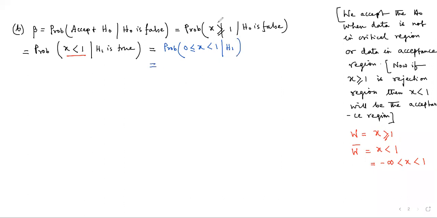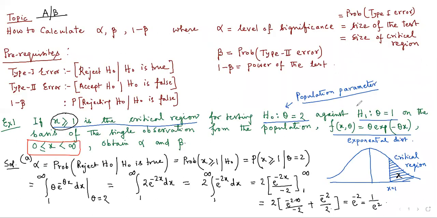So in short, I am writing this. We are going to calculate the probability from 0 to 1. The function is theta times e to the power minus theta x dx. But you are considering that H1 is true. What is the value under H1?